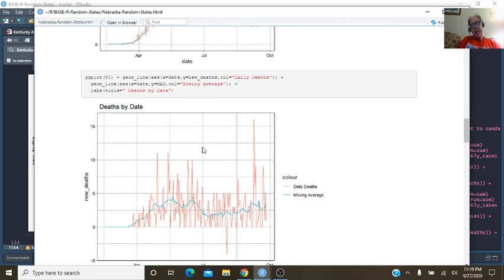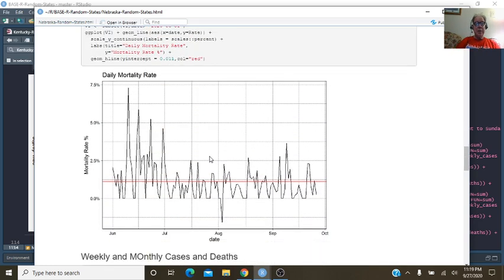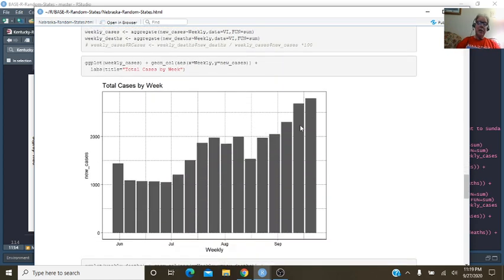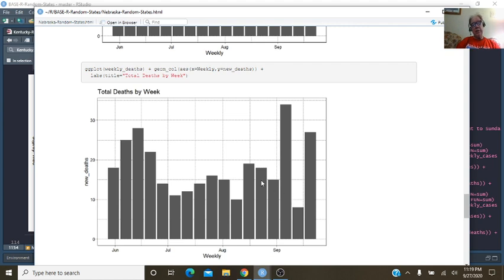I'm going to give them a D for cases, but a C for deaths. I'm thinking the death rate kind of fluctuates wildly. Again, you see the steady increase in cases. If you look here, you've got a decline right here happening.